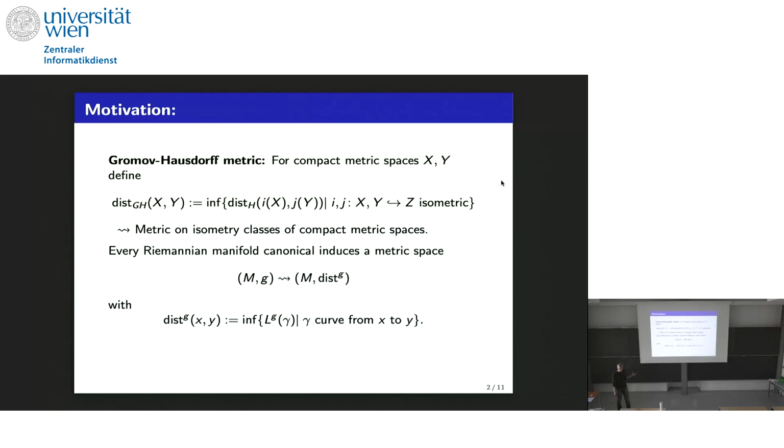Compact Riemannian manifolds are something much more regular, but you can give up regularity by turning a Riemannian manifold simply into a metric space, using the infimum of lengths of curves between points as a distance. It is classical that this is a metric, and if your underlying manifold M is closed, then this metric will be complete. So the compact metric space.